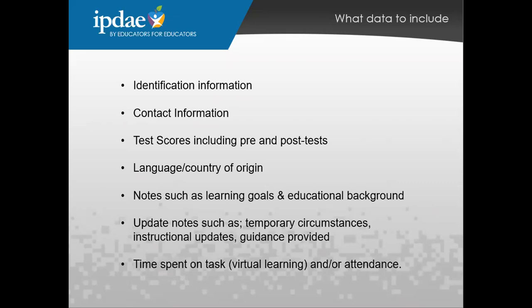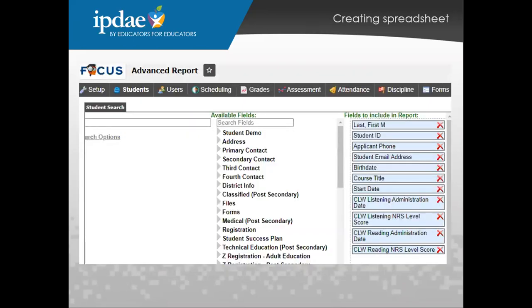The nice thing about this is some of these things can be automated. So for example, we like to use Focus to pull a lot of that data. So we quickly just take a look at our advanced reports from Focus. And again, every program is a little different. And whichever student management system you use, we know that you're able to pull that information out.